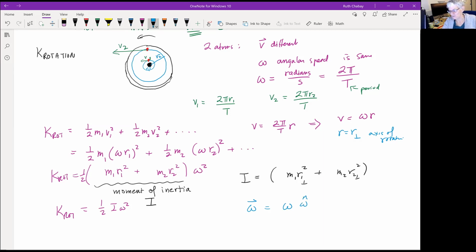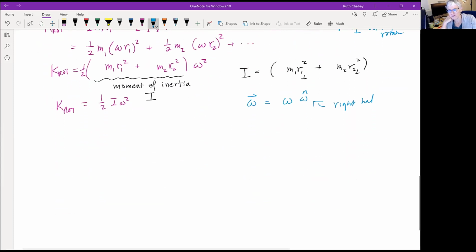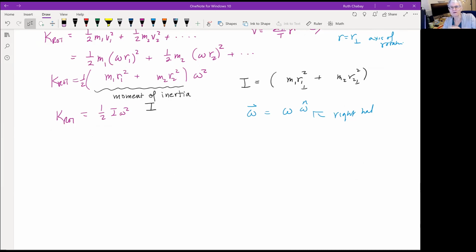For now, it doesn't matter because we're interested in energy, which doesn't have a direction.